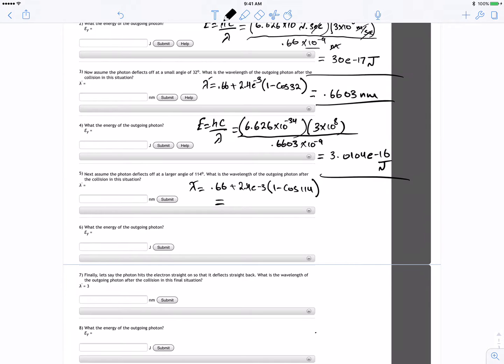For this, I got 0.66329 nanometers. Cool. For the energy of this photon, we use the same equation again, and I got 2.996 e to the negative 16 joules.